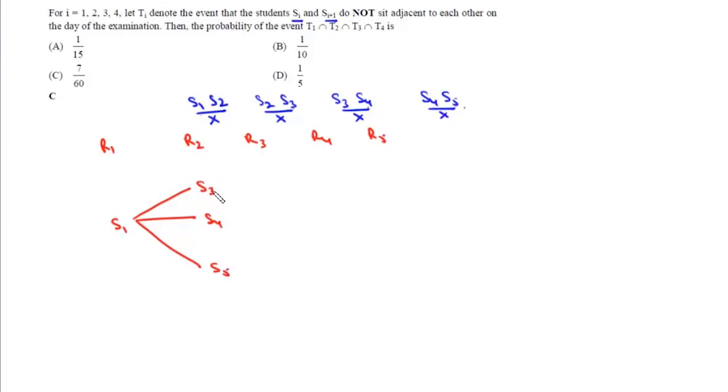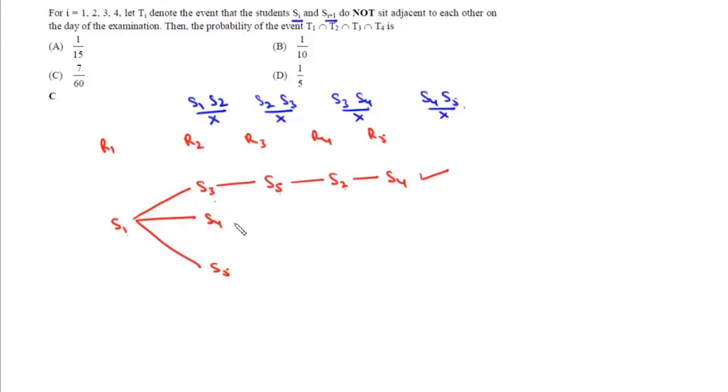Now S3 cannot be adjacent to R2 and R4, so the only possible combination here will be S5. Now S5 cannot be next to S4, so this position has to be taken up by S2, and then finally it will be S4. So we have one combination, which is S1, S3, S5, S2 and S4.